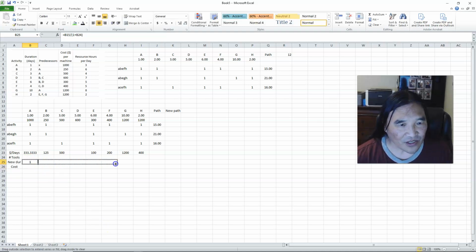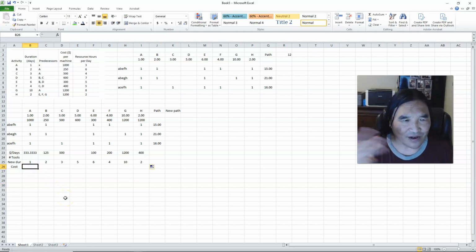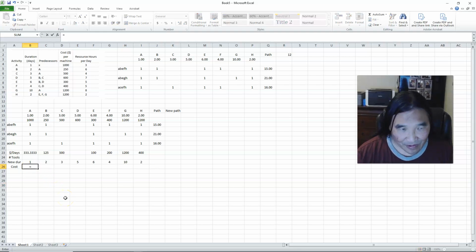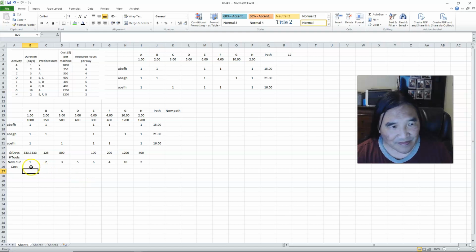And so I drag this across, and these numbers equal these numbers because I haven't bought any tool. And then what's the total cost of buying these tools? Well, it's equal to how much it costs per tool times how many tools I want to buy.